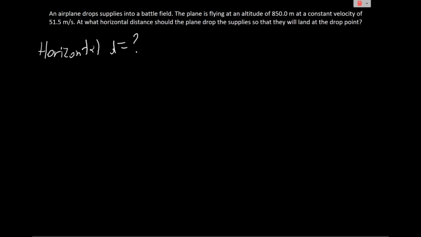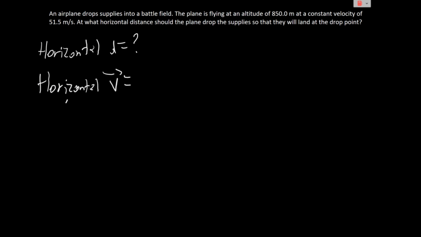How do we calculate distance? If you want to isolate for distance, we have to find the horizontal velocity and the time, and multiply them by each other to get the distance. In this question, we are already given the horizontal velocity, which is 51.5 meters per second.